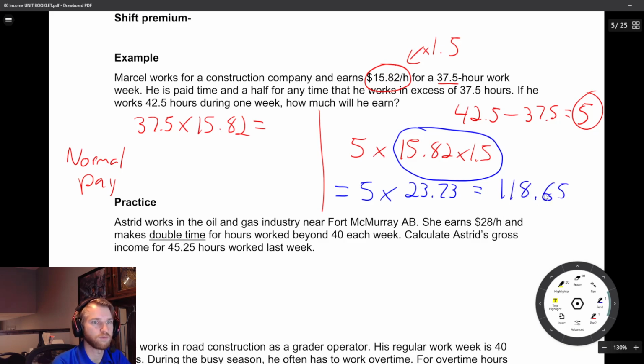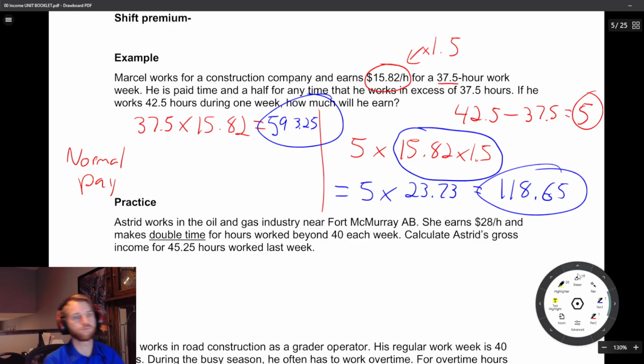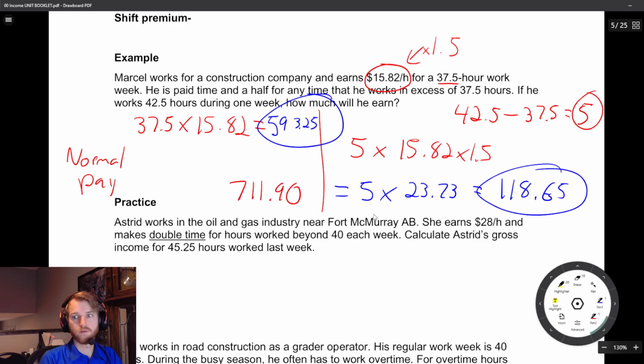And that would be $118.65 for this part. So this is his overtime pay, and here we have his normal pay, 37.5 times 15.82, which is 593.25. Adding those two together, we get a final answer of $711.90 that he earned that week.